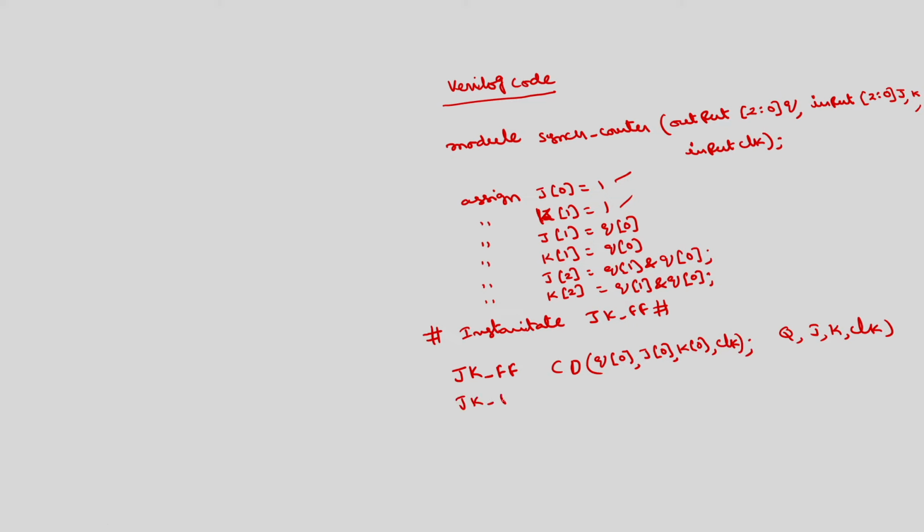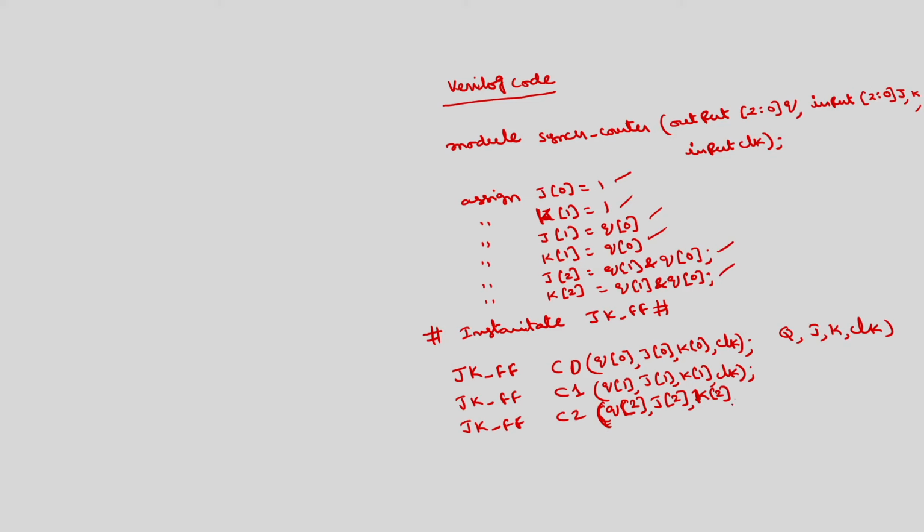JK flip flop C1: the output is Q1, inputs J1, K1, but what are J1, K1? Q0, clock. The third flip flop C2: Q2 is the output, J2, K2 are the inputs, but what are J2, K2?